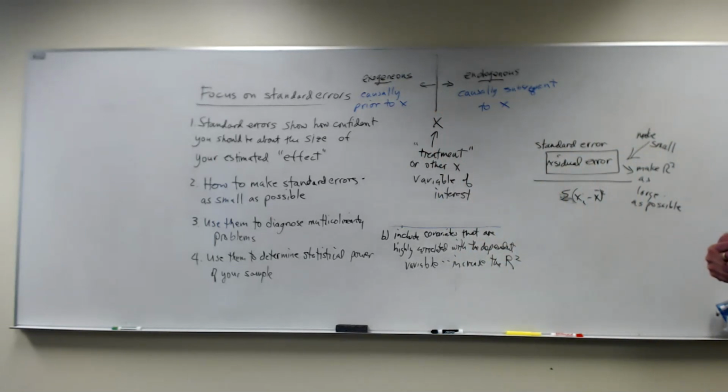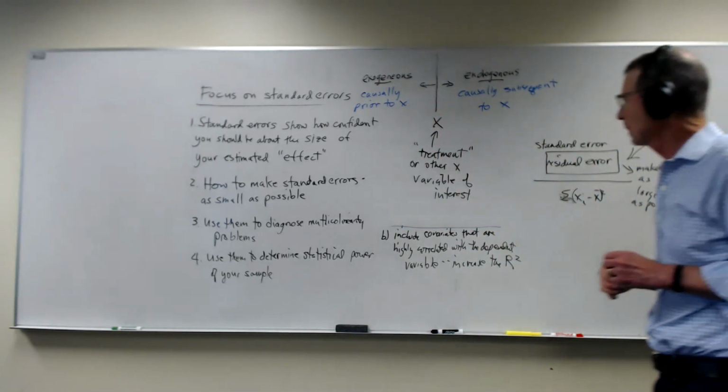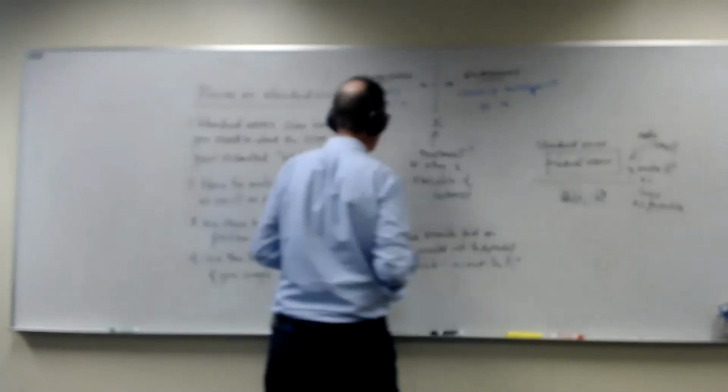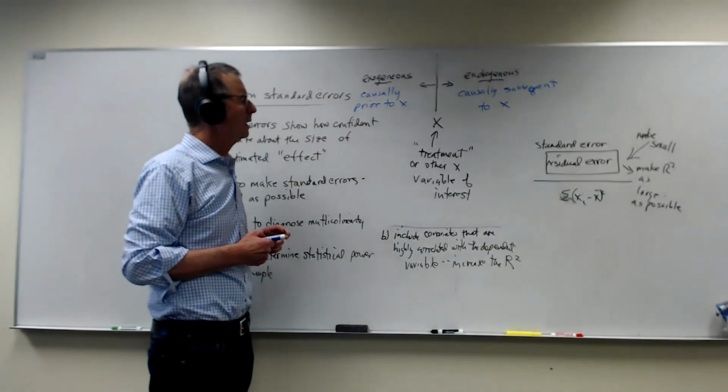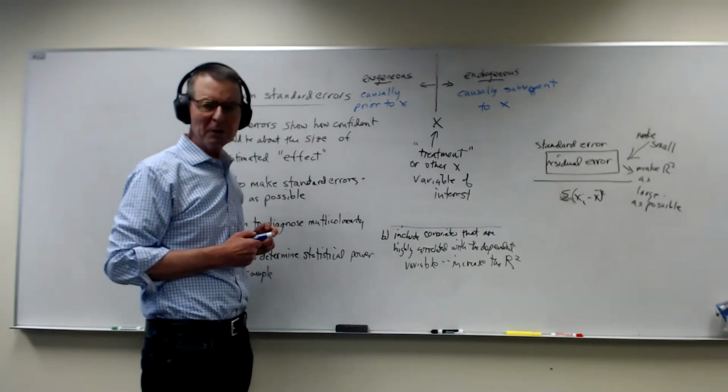Demographic, unchanging demographic characteristics, birth weight, child gender, parental background, all those things are usually causally prior to an X variable of interest. And they're all fair game.